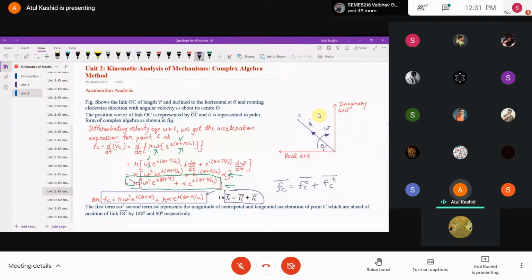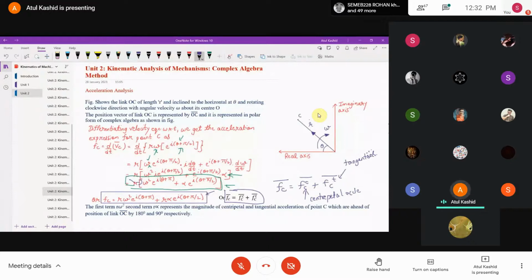So what are these fcc and fct? This term is the centripetal acceleration, and this term is known as the tangential acceleration.